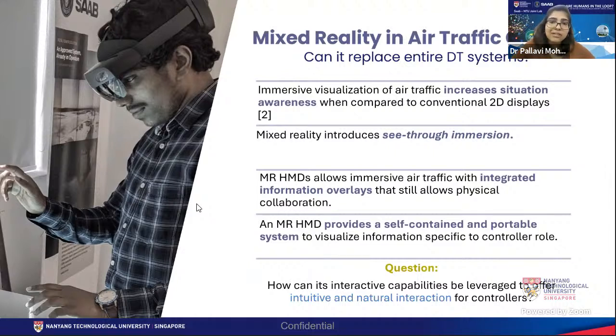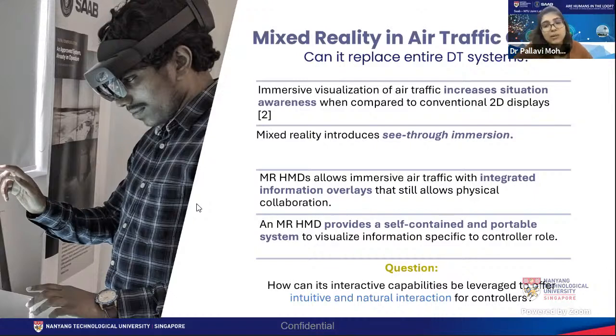What's also interesting is that in a mixed reality system like Microsoft HoloLens 2, there is also the possibility of it providing a self-contained digital tower system to visualize only relevant information to the specific controller.